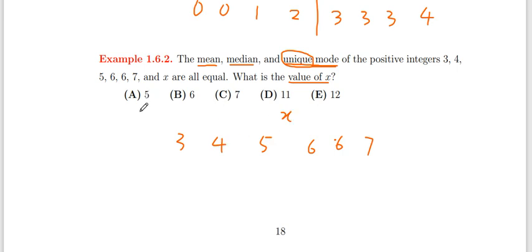If x equals 5, we have 2 modes. So it cannot be 5, cannot be 7, right? So this is mean, median, mode. We can say the mode should be 6, right? So the mode should be 6.